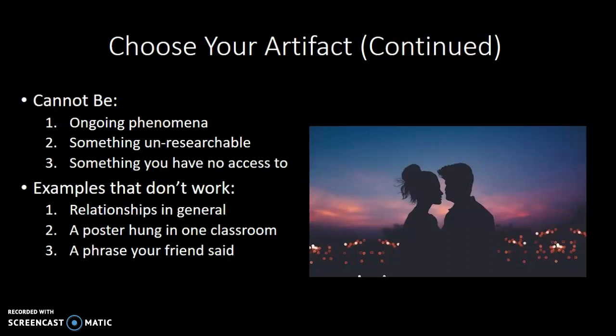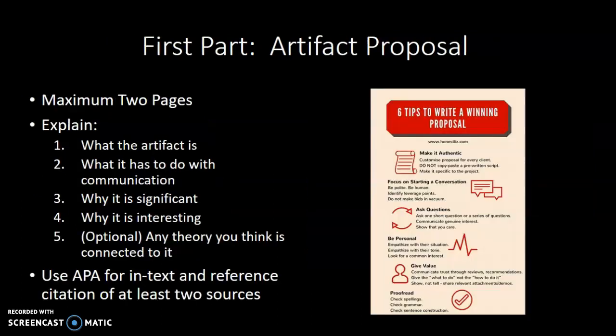So we've gone over sort of what the communication analysis paper should look like overall, and in particular, what to do when choosing your artifact. Now let's talk about the first part of the graded assignments, which will be the artifact proposal. And of course, that's not the proposal like for marriage.